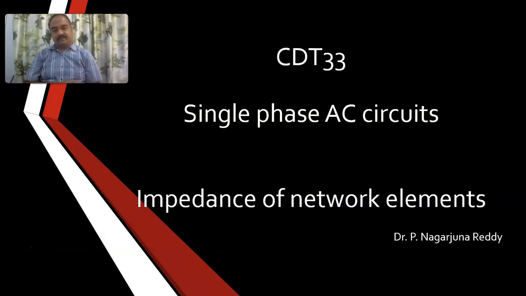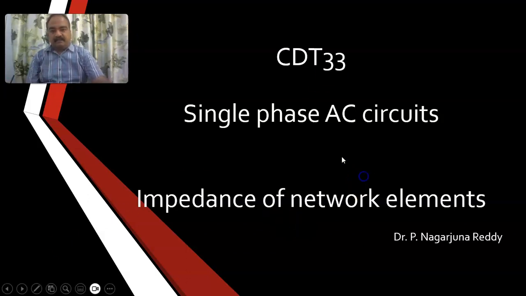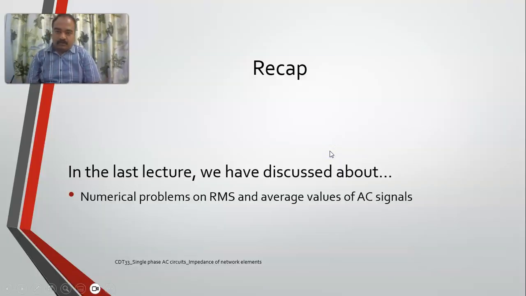Today we will discuss single phase AC circuits, and we will try to derive the expressions for impedance of network elements. In the last lecture, we went through numerical problems on determining the RMS and average values of AC signals.